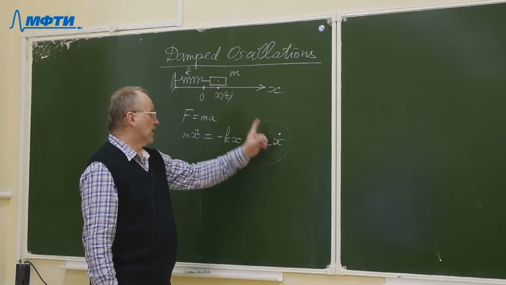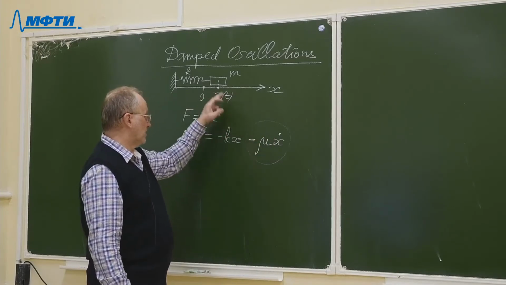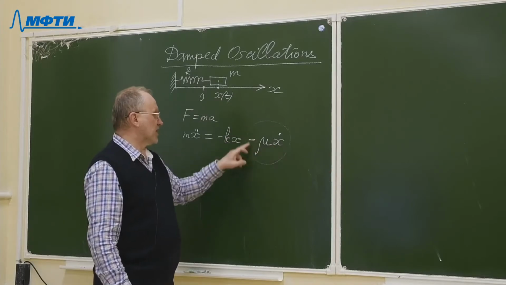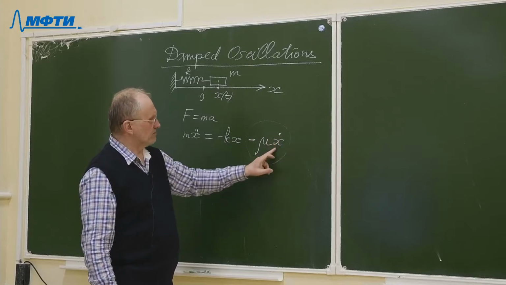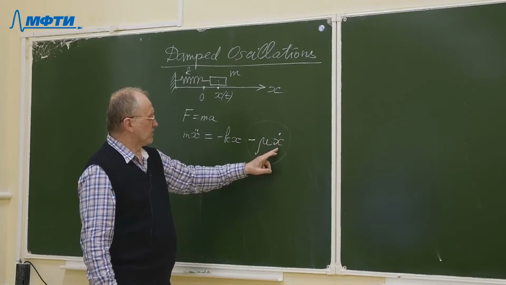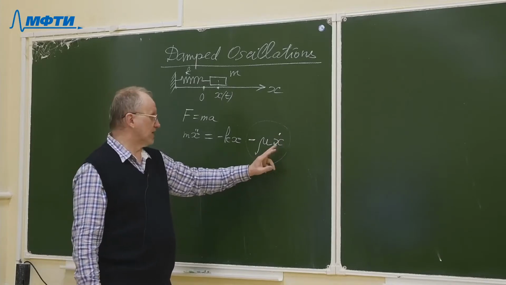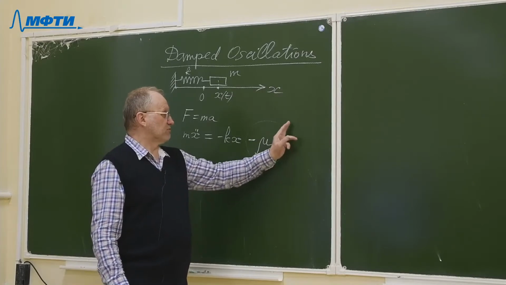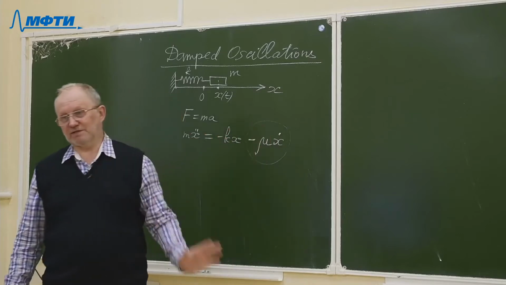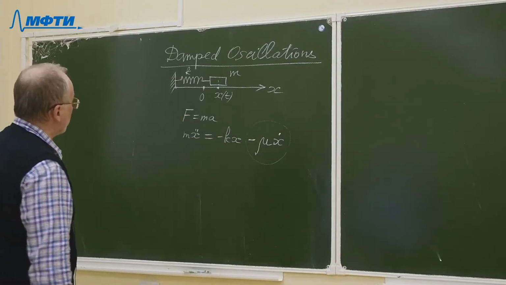So in our case, the air drag force is proportional to the first degree of velocity, the first order. And so we don't consider large velocities when the air drag is proportional to the second degree, x dot squared. We don't consider such high velocities.